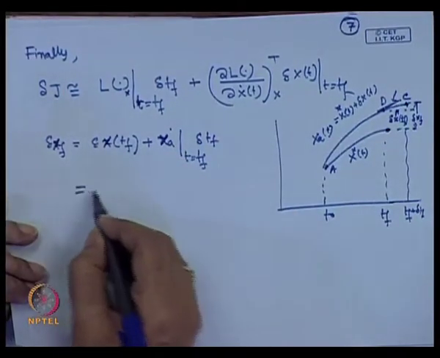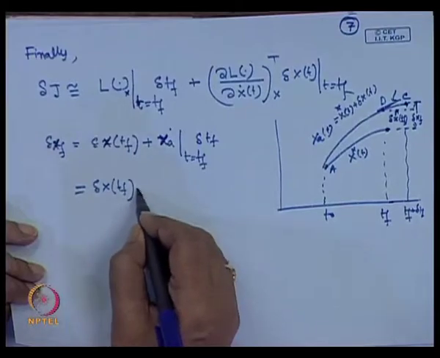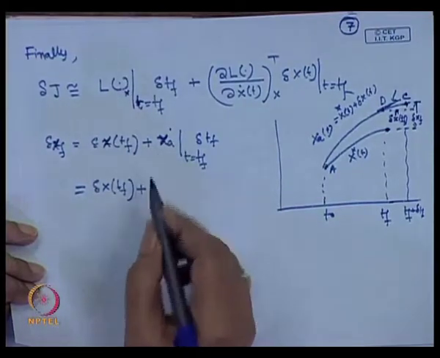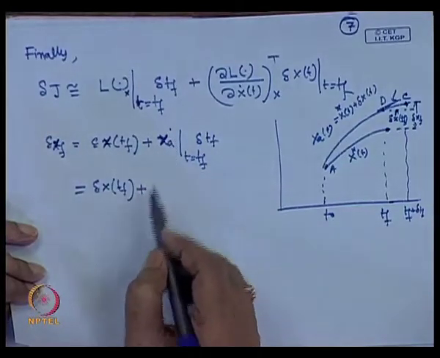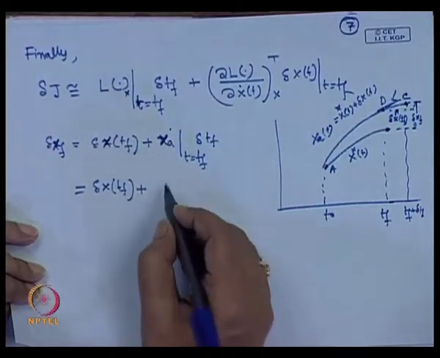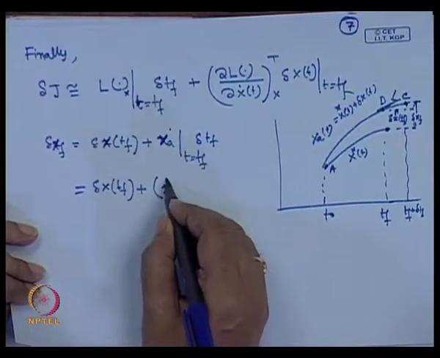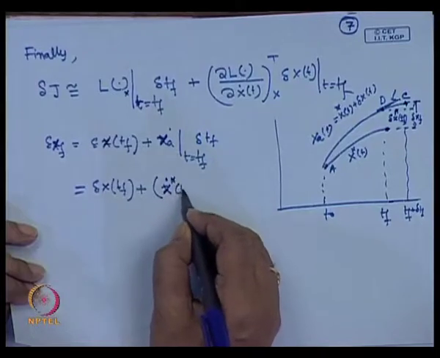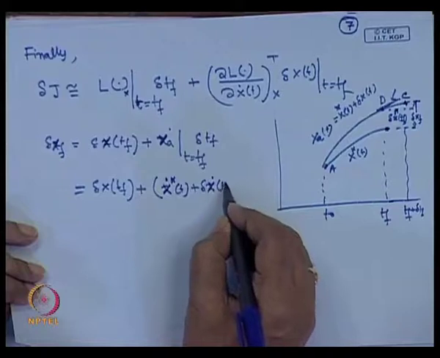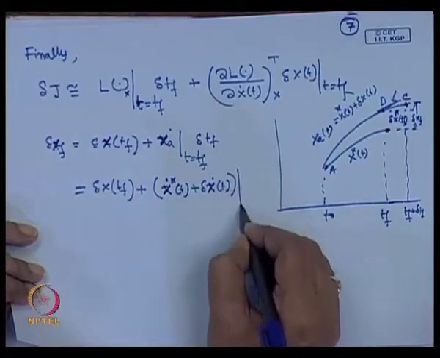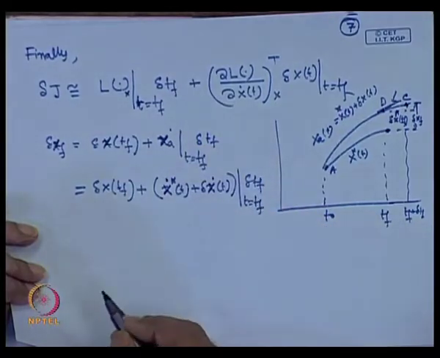So, I can write delta x f equals delta x T f plus delta x dot, where x dot equals x dot star t plus delta x dot t, at t is equal to T f, times delta T f.